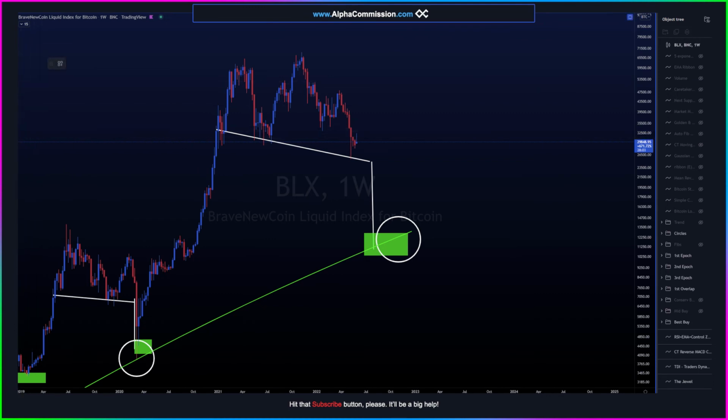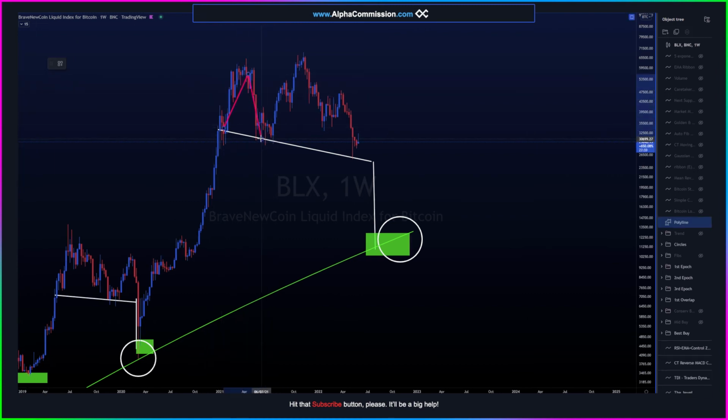We have a shoulder, a head, and then what would happen if we just have a little price action? What would happen if we came down to the same price? Just dropped down a couple thousand, like $5,000.